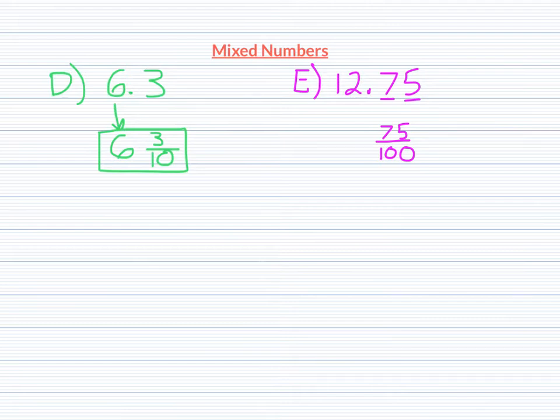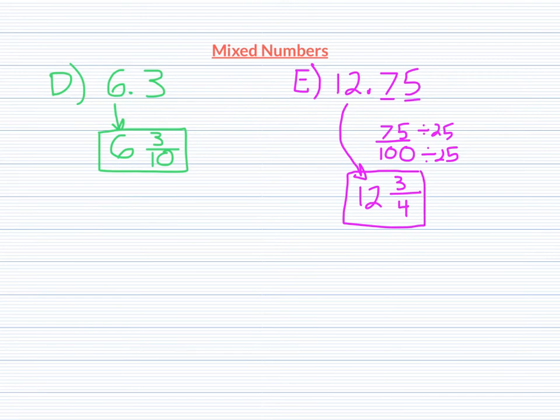Now, I can divide both of these by 25, and 75 divided by 25 is 3, 100 divided by 25 is 4. 3/4, right? 0.75, 3/4. We've seen that before. Now, I just have to bring down my whole number, 12. 12.75 is the same as 12 and 3/4.